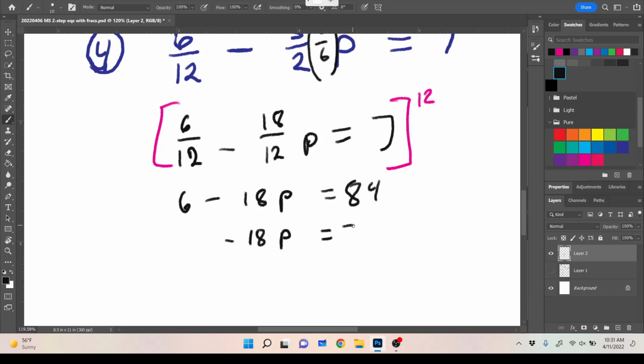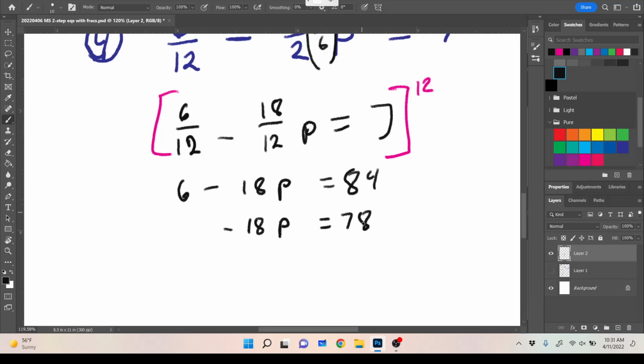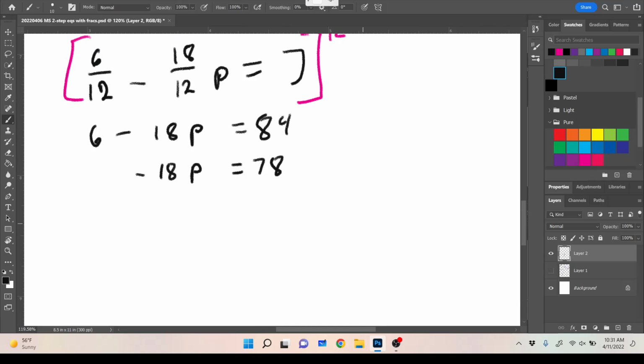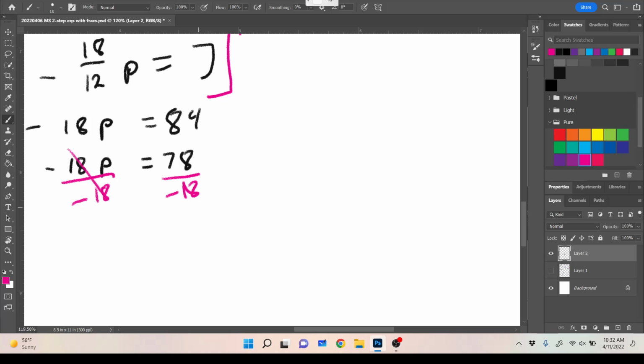Equals 78. And then we would divide it by 18 and end up with, I don't even know. Let's see. I'll have to use scratch paper on that one since this is the class we're in. Those will reduce, I'm sure, but we'll do it this way anyway.